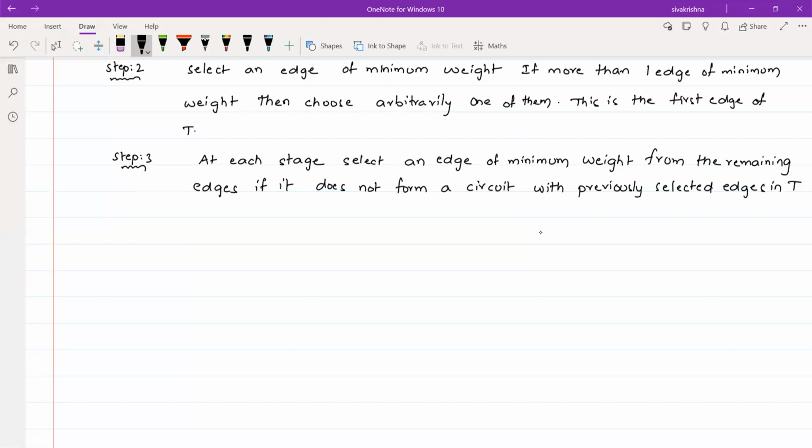Here also, while adding the edges to the spanning tree, we have to keep in mind that it doesn't form any cycle. But here we are choosing the edges with the minimum weights. Here we have a positive number assigned to each and every edge in that graph. So we select a particular edge with the minimum weight so that it doesn't form any cycle by adding that edge to the spanning tree. So this is step 3.